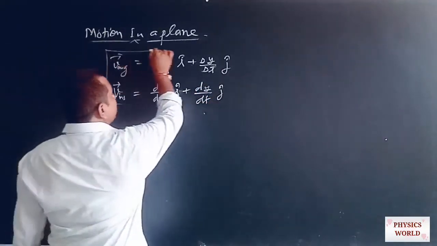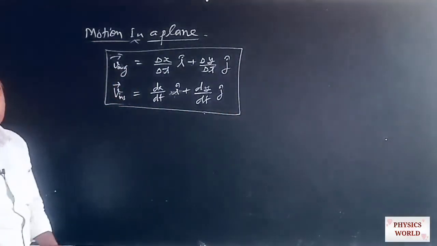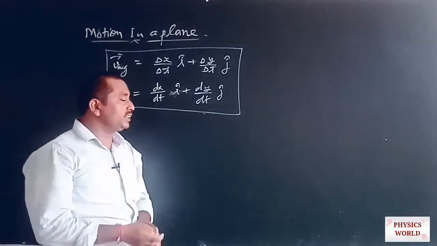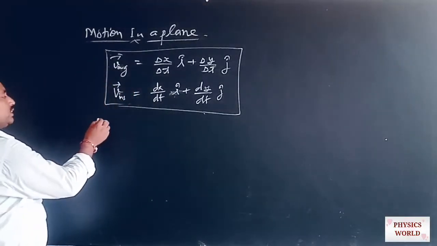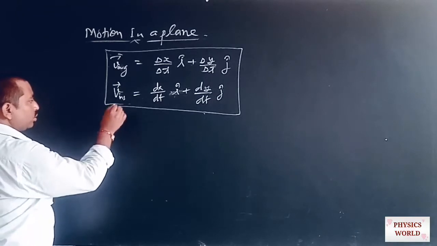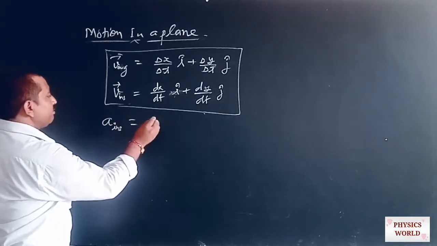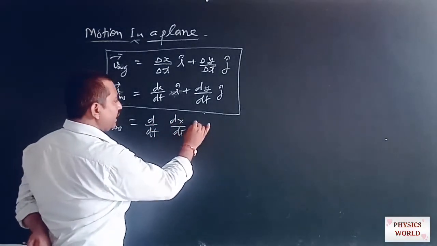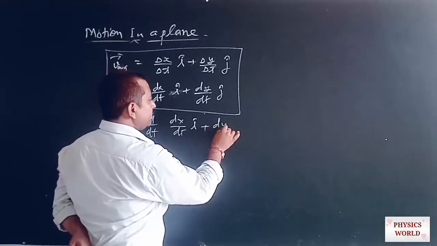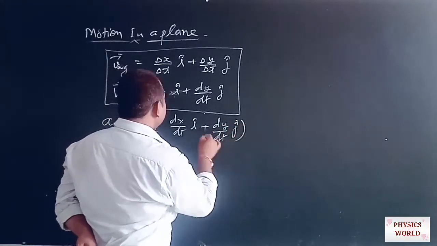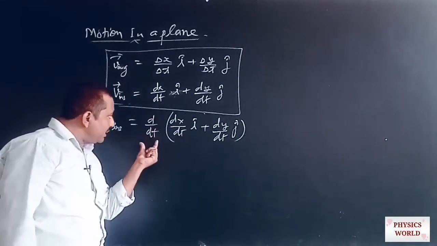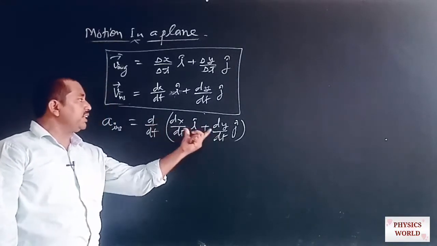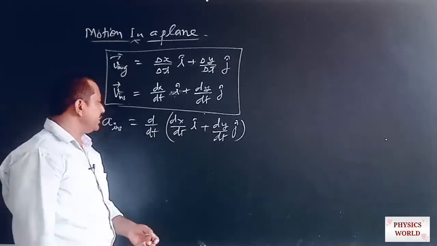Okay, so if we apply this, then we can also find the value of instantaneous acceleration and average acceleration. Instantaneous acceleration can be defined as d by dt of dx by dt i plus dy by dt j, because we know that the rate of change of velocity, the instantaneous velocity, is known as instantaneous acceleration.